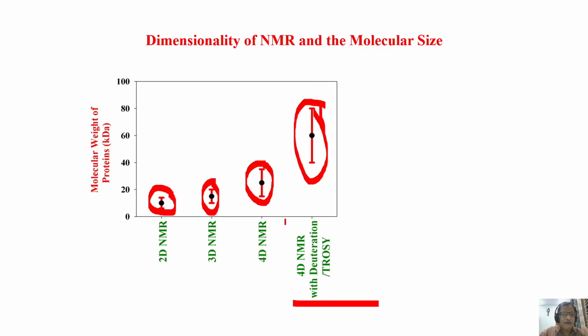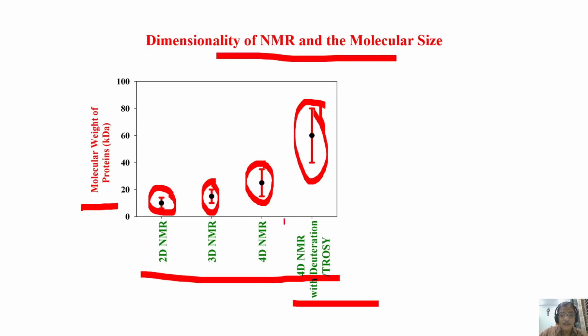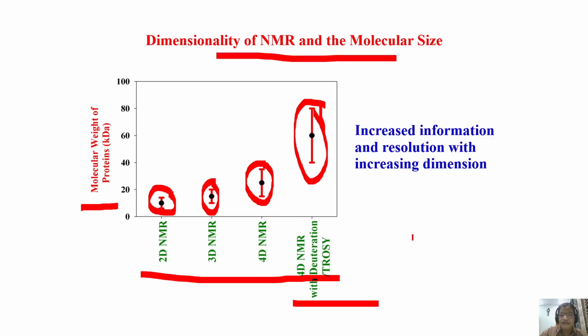But basically, remember, depending upon the molecular weight, you have to choose the dimensionality. Increased information and resolution will be there with increased dimension. From here to here, I get better information, better resolution. Here to here, even better information and better resolution.